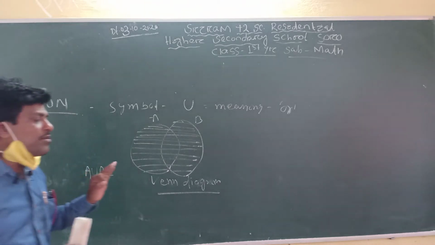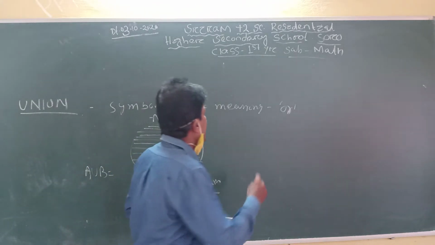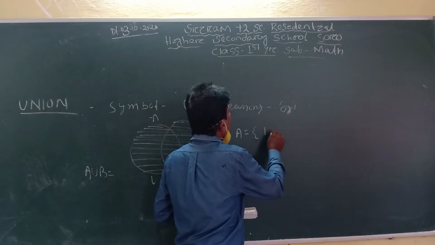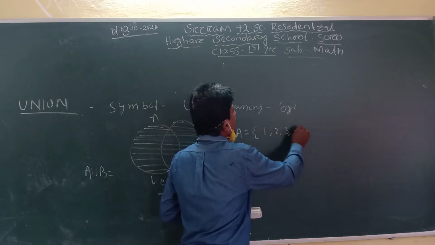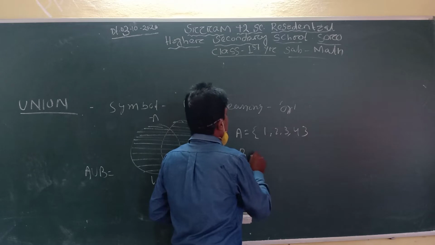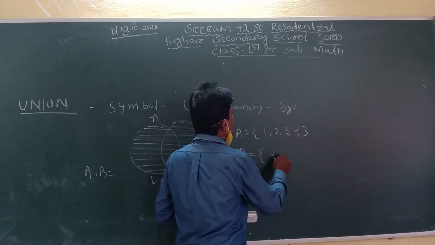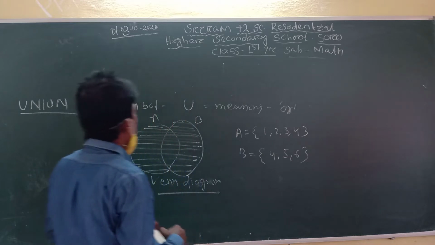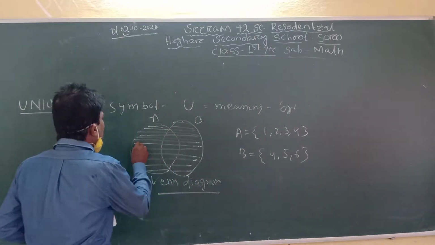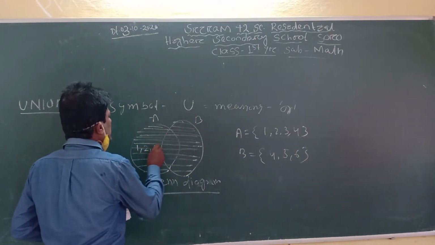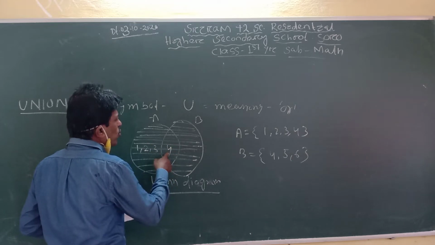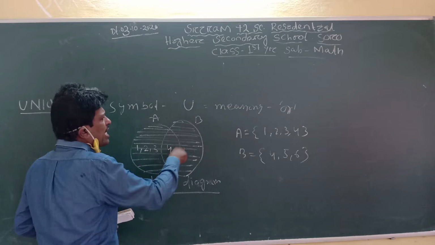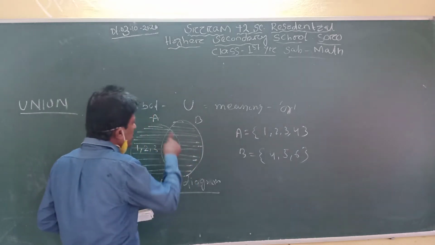For example, I am giving an example. If set A has elements 1, 2, 3 and 4, and B is the set having 4, 5 and 6. You look, 4 is common to both A and B, so 4 is in between both.